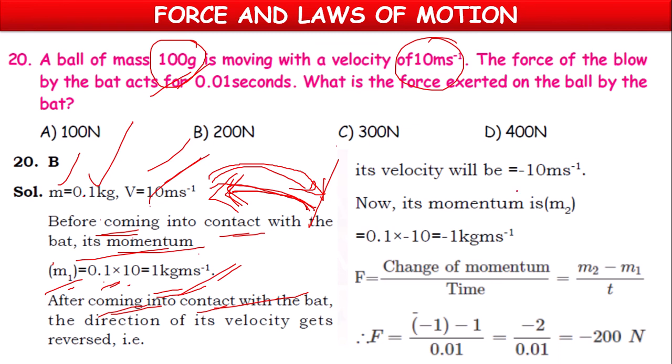So its velocity will be minus 10 meter per second. Now its momentum will be 0.1 into minus 10, minus 1 kg meter per second.